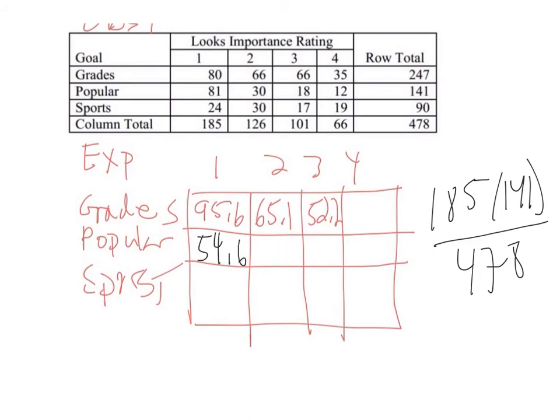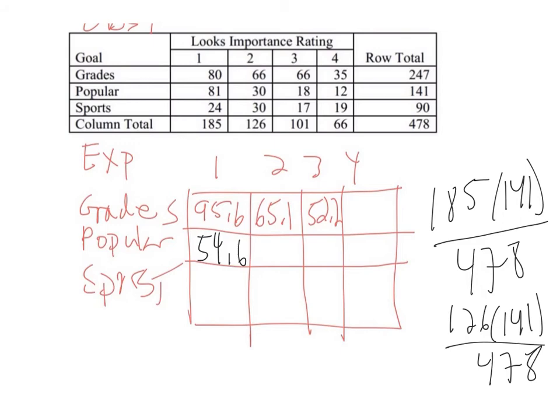To get this next number, we're in column 2 and in row 2, so 126 times 141 divided by the table total of 478.